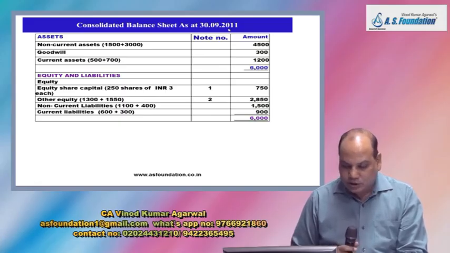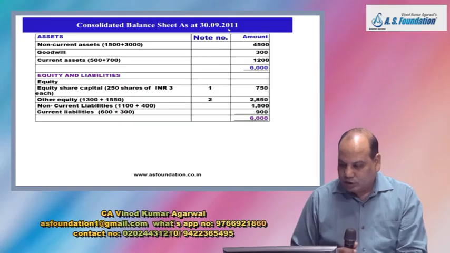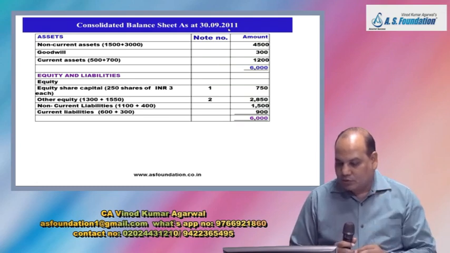Other equity 1300 plus 1550, check the calculation, you will get 2850.